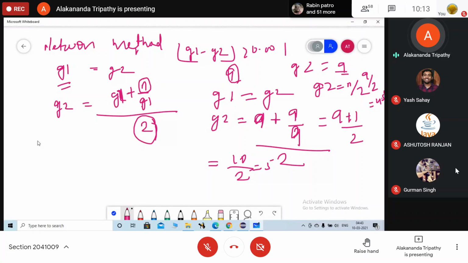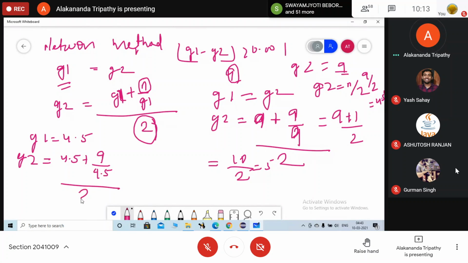So now, what is the G1 value? G1 is equals to 4.5. Now compute the G2 value. G2 will be 4.5 plus 9 divided by 4.5, whole divided by 2.